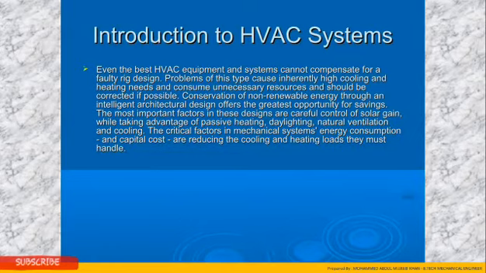The most important factor in these designs is careful control of solar gain while taking advantage of passive heating, daylight, natural ventilation and cooling. The critical factors in mechanical system energy consumption and capital cost are reducing the cooling and heating loads they must handle.